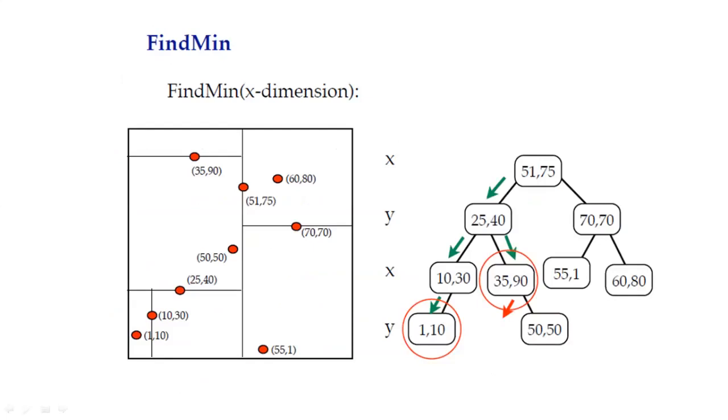Because the partitioning at the root level has been done on the basis of x value, all the smaller x values have to be present in the left subtree of this root node, because all the nodes having x coordinate less than 51 are present in the left subtree of this root, that is 51,75, and hence we recursively continue on the left subtree.